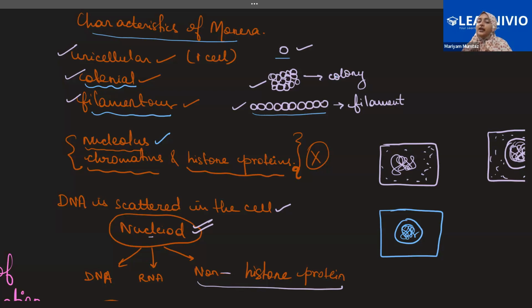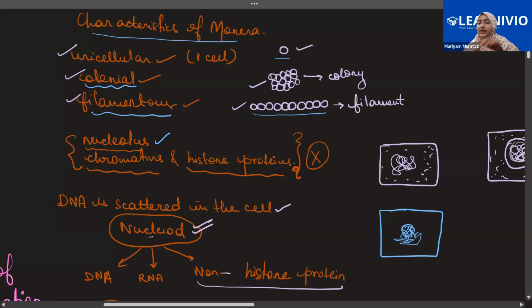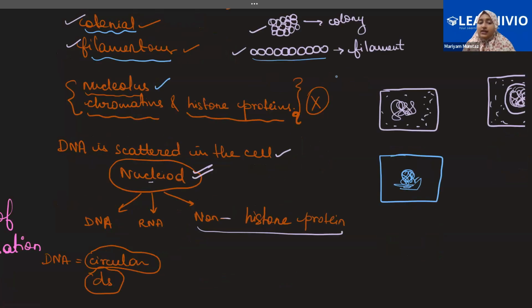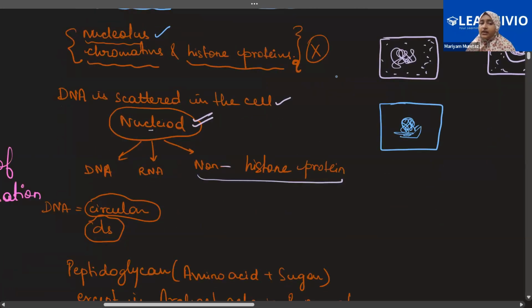The genetic material means DNA. Now, if they do not have the nuclear membrane, it means that their genetic material is present in the cell, scattered in the cell. It is not enclosed in any boundary. So this is what it means by the DNA is scattered in the cell.